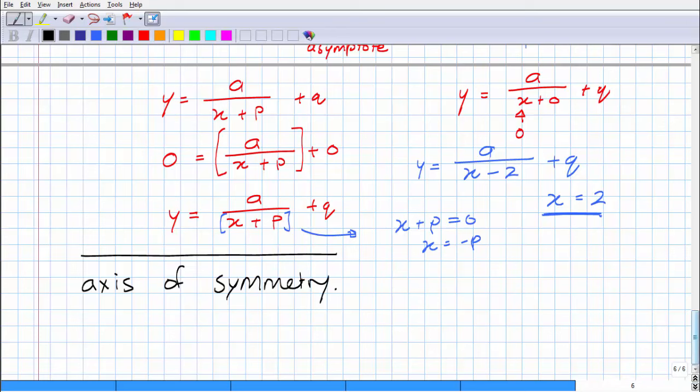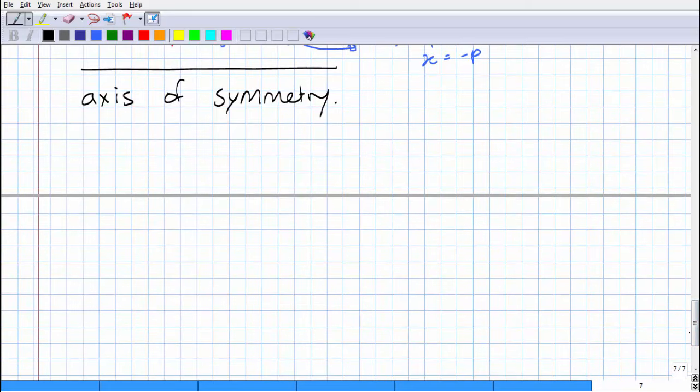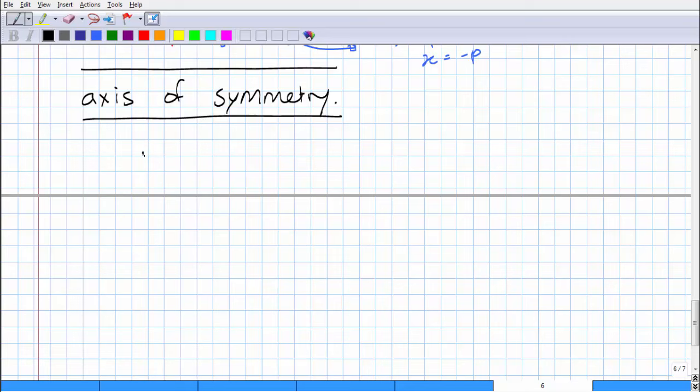And the axis of symmetry, specifically with these types of graphs, is actually remarkably simple to figure out. We look at the formula, y equals a divided by x plus p, plus q.